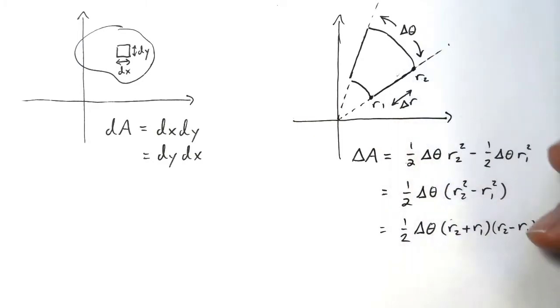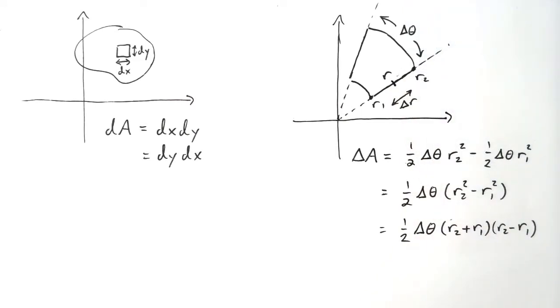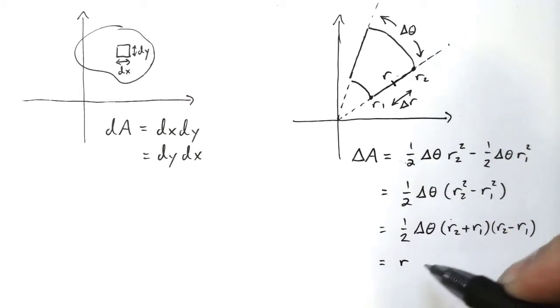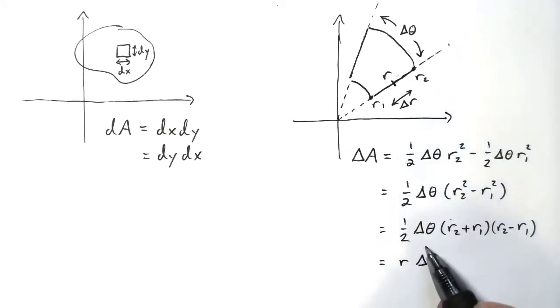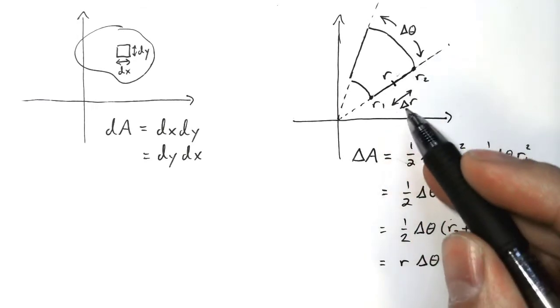All right, so let's just call that r, okay? So I'm going to call that middle radius r, and I see that 1/2 times this makes r. So I really just have r times delta theta here. And then what's r2 minus r1? Well, that is exactly delta r.